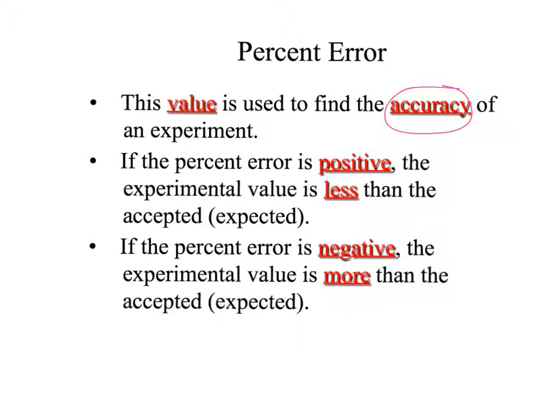Okay? So if the percent error is positive, then that means your experimental value was less than the expected. That makes sense because that's what's being subtracted, okay? If the percent error ends up negative, so if you came out with more than you were supposed to, then you're going to have a negative percent error.